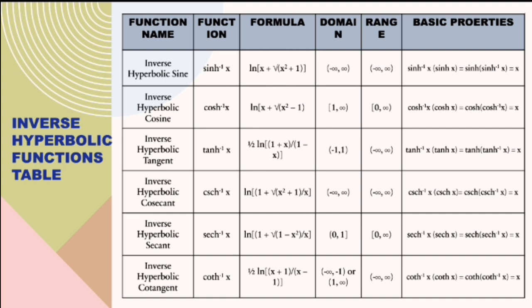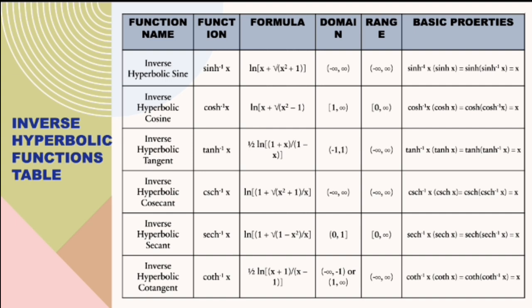The formula of inverse hyperbolic cosine is ln(x + square root of x squared minus 1). The inverse hyperbolic tangent is 1/2 ln((1 + x)/(1 - x)).